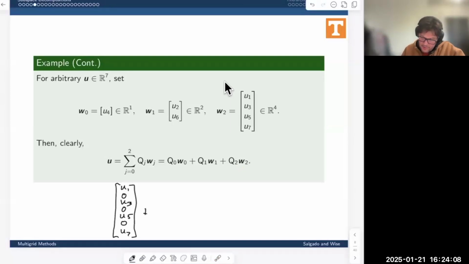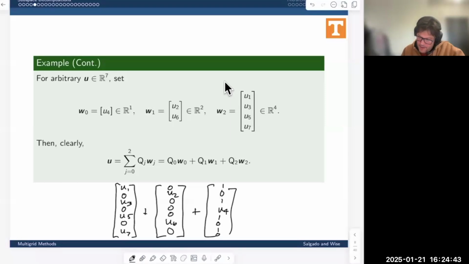And then this one is going to give me two components, just 0, U2, 0, 0, 0, U6, 0. Got to put enough zeros in there. And then finally, this last one is just going to be U4 and zeros everywhere else. And so when I add those back up, I get U1 through U7.